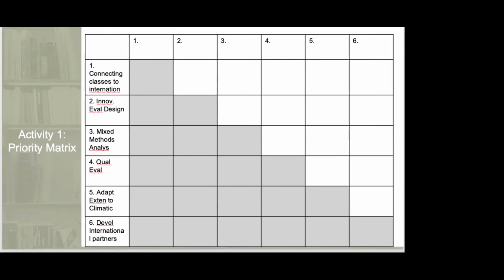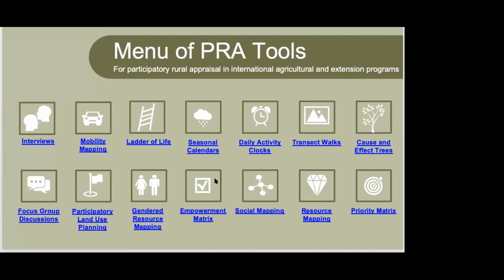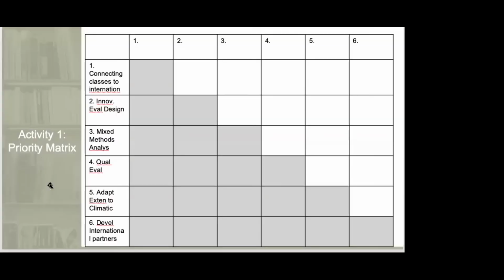If you go back to the menu of tools, this empowerment matrix can help you narrow that list down to a more manageable number to work with this priority matrix. If you had a list of 20, that'd probably be too many to work with reasonably. So you might want to go through more of a nominal grouping technique, which is demonstrated at this link, before you got to the priority matrix.